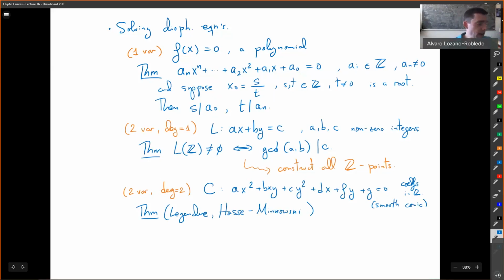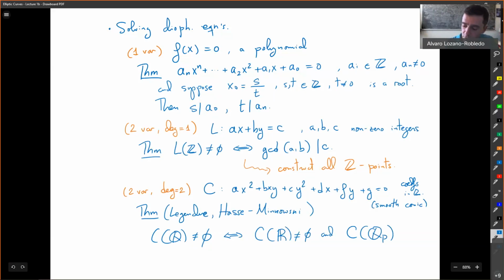It says that C over the rationals has solutions if and only if there are solutions over the reals, and there are solutions over the p-adics for every p, for all primes p.